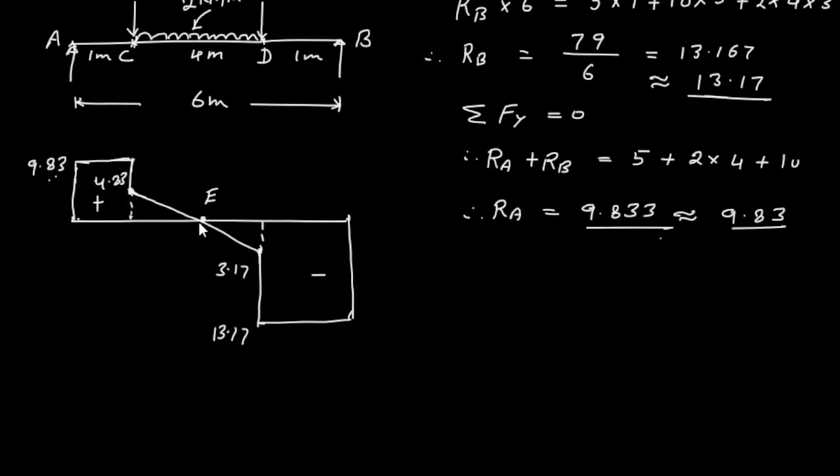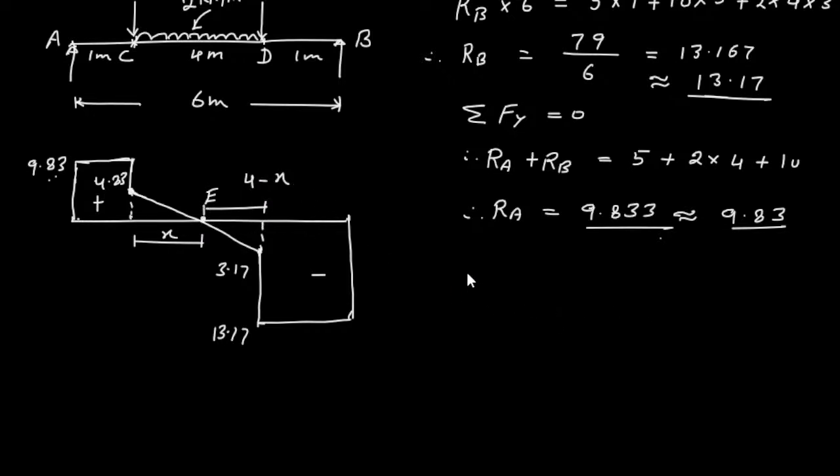So you can see two triangles. One is with height 4.83. Now let us assume that this distance is x. The total distance is 4, so from here to here, the distance is going to be 4 minus x.